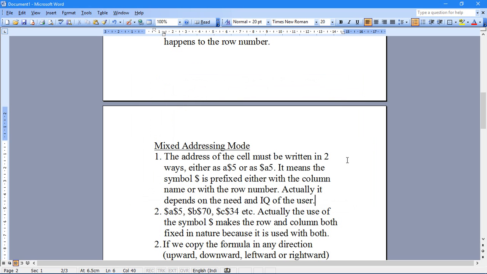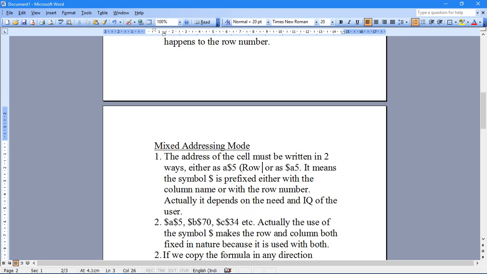But from the absolute addressing mode, we already know that the use of the dollar symbol makes anything static. Here in the mixed addressing mode, if the cell address is written as A$5, it means dollar is attached with the row number. It means the row number is fixed.